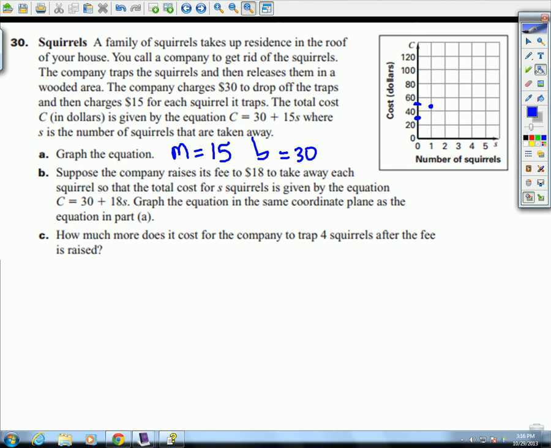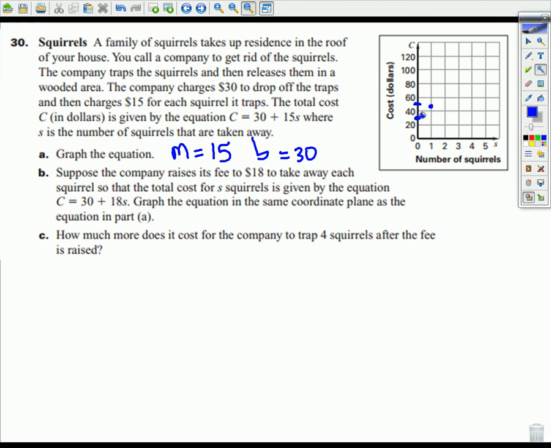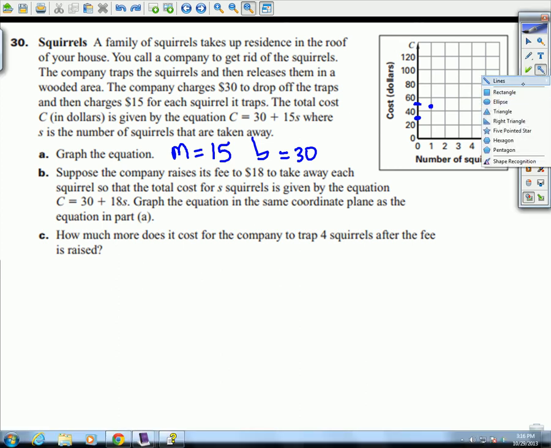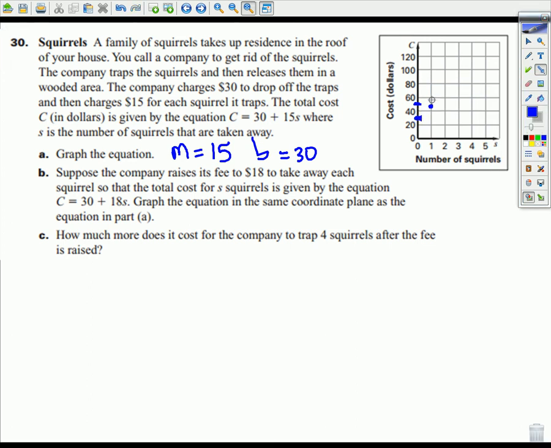Oops, I want the arrow to be at the end, not at the beginning. So it'll look like this. And again, I want the arrow here because I can't have negative squirrels and I can't have negative cost.